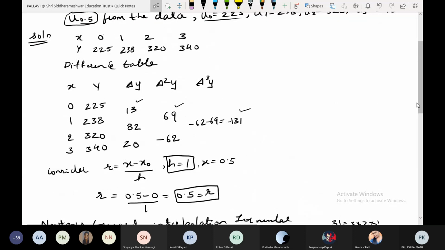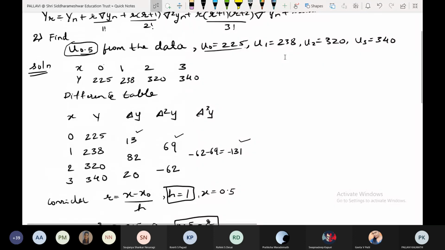They will give the data in this form, but you have to write it in x and y. There is no compulsion. X, y is always fixed. You write in terms of x, y only, but understand properly the values of x and y. Okay, so write down the next question.